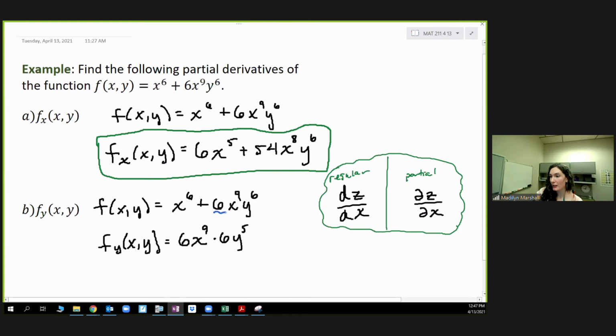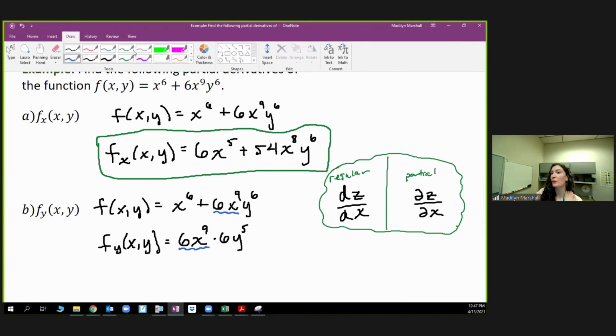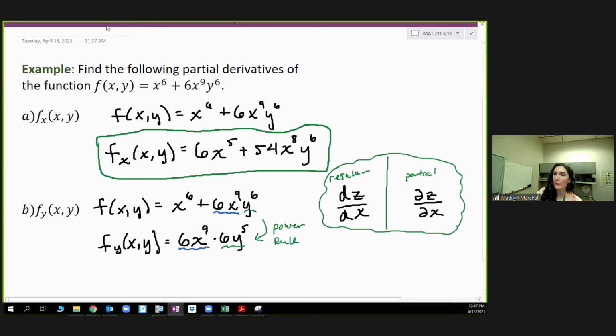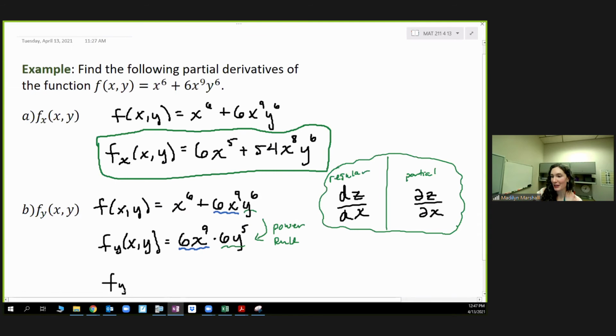So the 6x to the 9th is just a coefficient that's multiplied to what we really care about, which is the y to the 6th. So y to the 6th, we do just the power rule on that to get 6y to the 5th. We should finish this off by multiplying those 6's though.